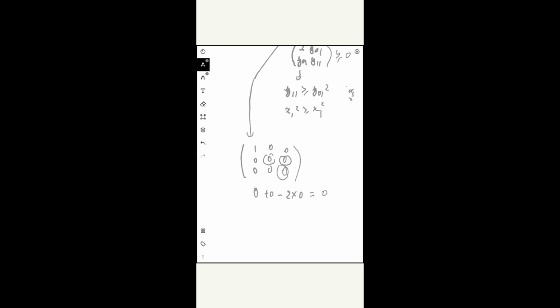And so we just proved that the optimal value of the SDP relaxation is 0.